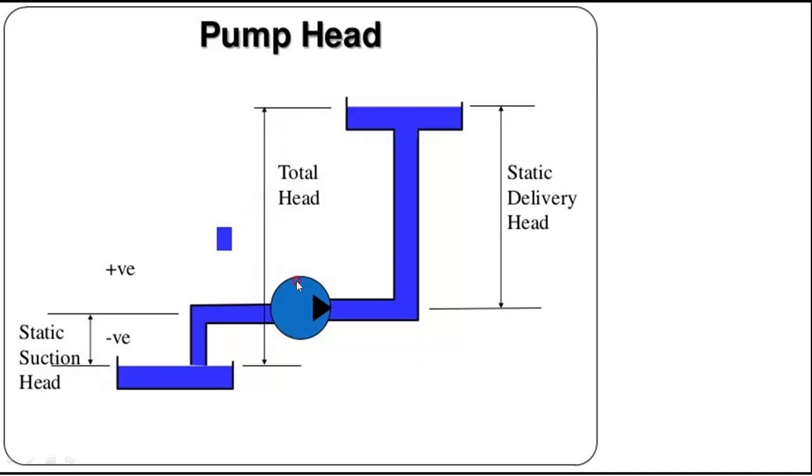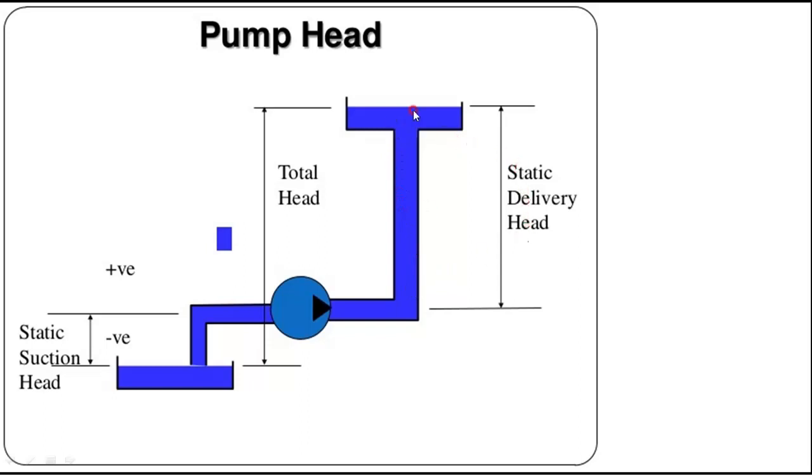But based on the position of the pump, we will divide this total head into two different heads: one is the suction head and the second one is the static delivery head. If the pump is situated at this point, then this pump has to suck the water from here to here. Therefore, that is called the suction head. And after that, the pump has to push the water from here to here.